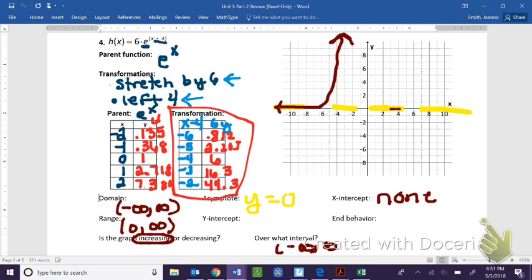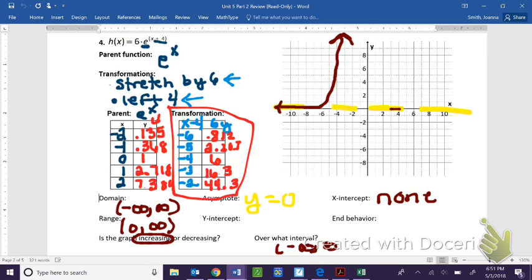My y-intercept. You guys are going to try to tell me it's none. It's not none, because eventually this graph is going to cross my y-axis. So you need to give me the algebraic calculation for the y-intercept.